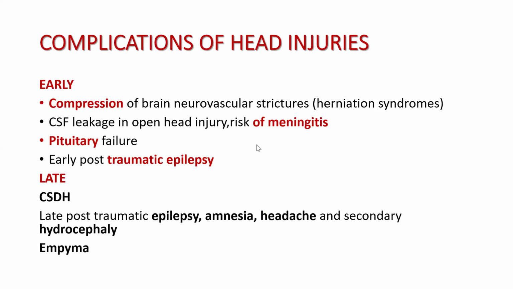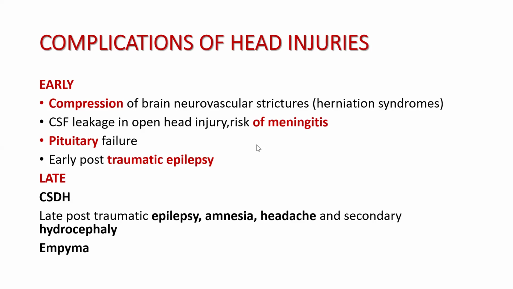So the complications of head injury include early complications and late complications. The early complications could be compression of the brain neurovascular structures, leading to herniation syndromes, and CSF leakage in open head injury, where the biggest feared risk is meningitis.